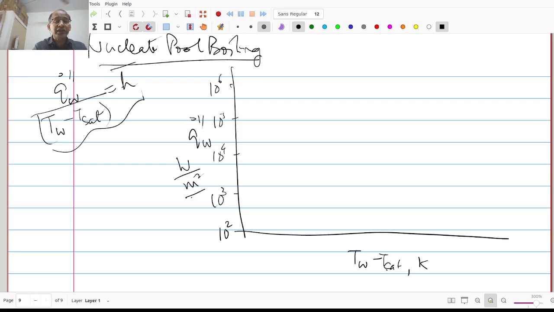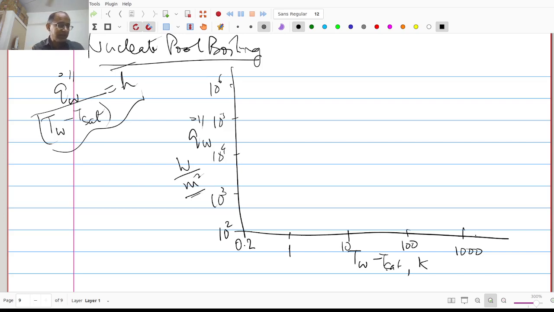So these are in watts per square meter. So the fluxes range from anywhere like a few hundreds to a couple of millions of watts per square meter, sorry. And this temperature difference, let us say it starts from, let's say 0.2, let us say this is 1, let us say this is 10, let us say this is 100, let us say this is 1000. Okay, so it's a logarithmic scale that we are looking at.